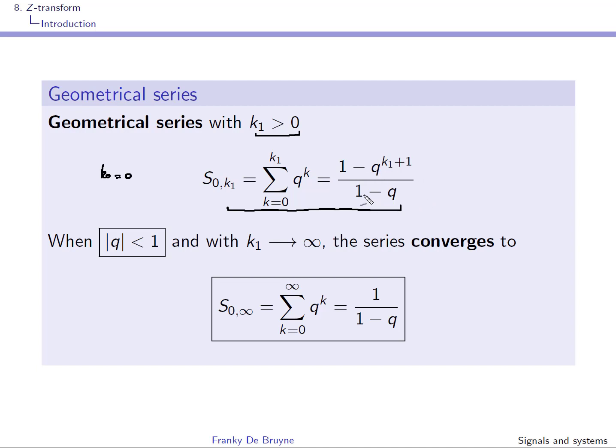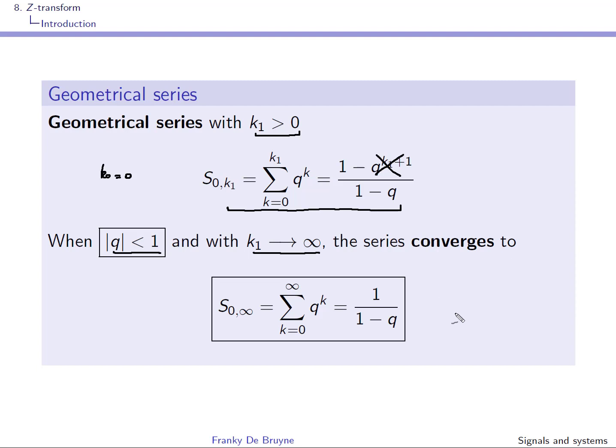This is only going to converge when k1 tends to infinity if the modulus of q is smaller than 1. If you take powers and let these powers go to infinity, of course you'll have a term that goes to 0. So under this assumption here, and with k1 tending to infinity, this term is going to disappear.